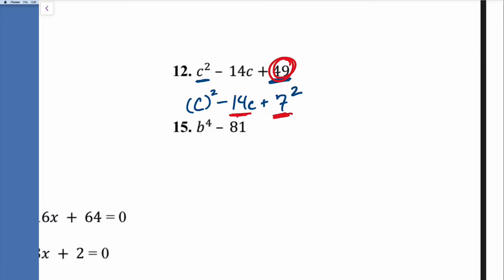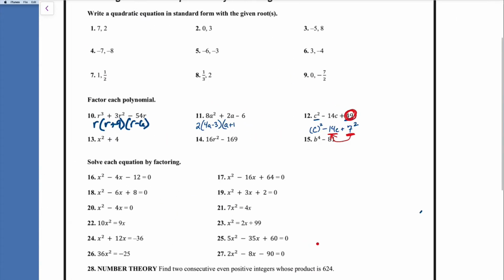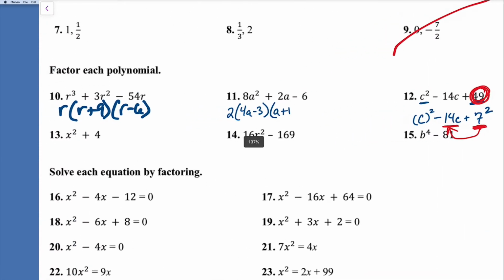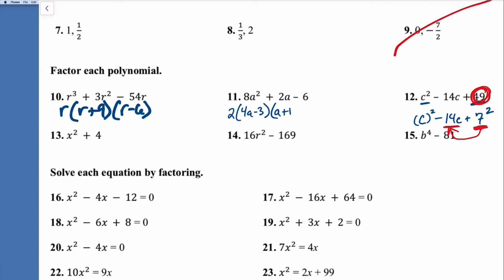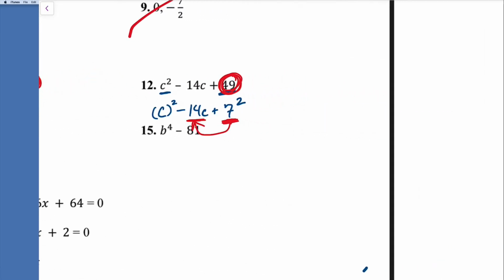Because when I multiply this number out, I end up with the 49, but when I add them together, I end up with the 14. And if you recall, that's the pattern I've been following throughout these problems: the factors have to multiply out to your last term, but they have to add up to your middle term, right?